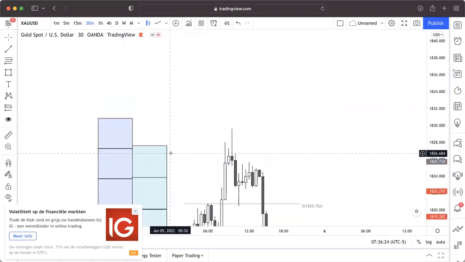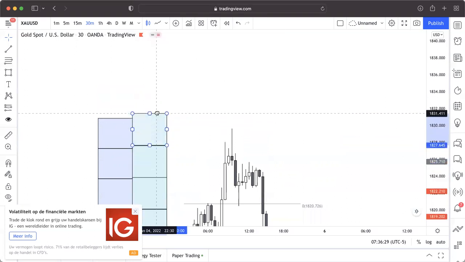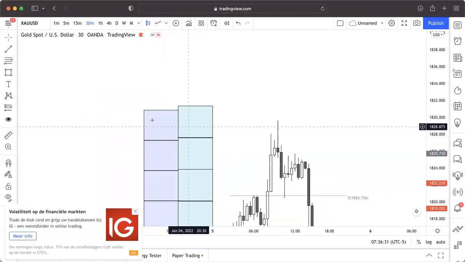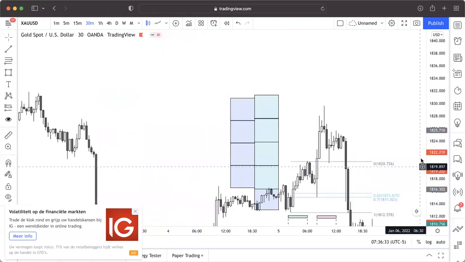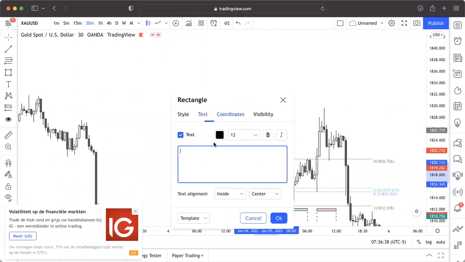Let's see. 2, 4 is a little bit above, but obviously we would like to select the one that will be aligning the closest to an old high or old low. So this would be 1.